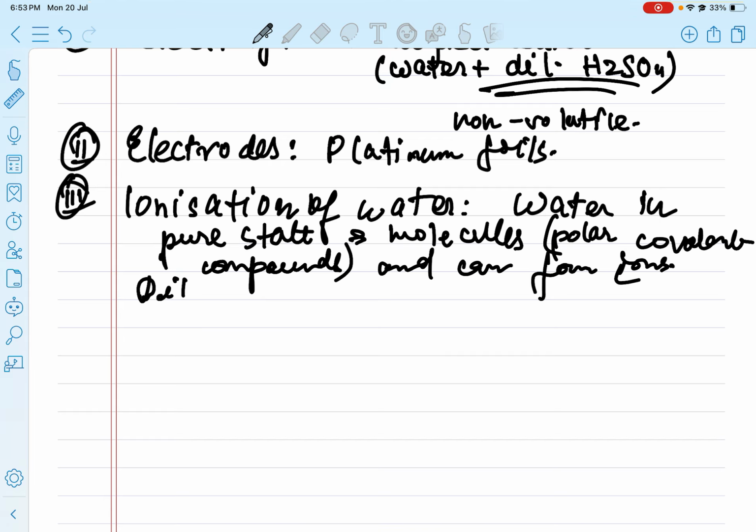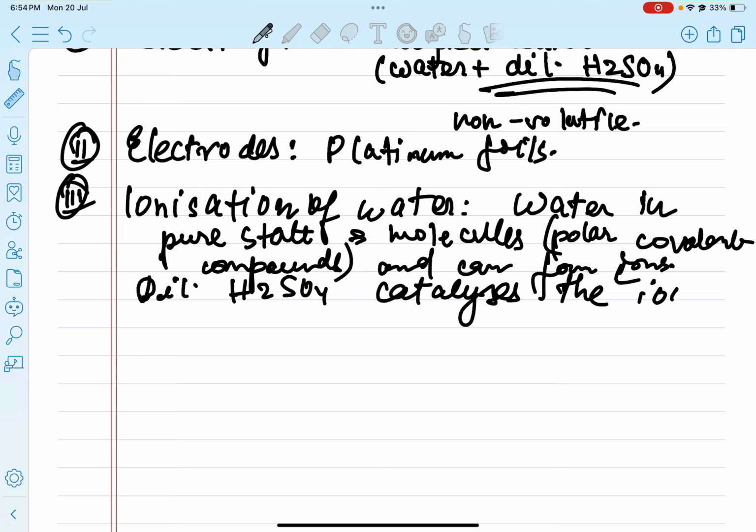Dilute sulfuric acid catalyzes the ionization. Here ionization happens, not dissociation, because water is a polar covalent compound and there is a formation of positively and negatively charged ions, not a dissociation of already present ions. So dilute H2SO4 basically catalyzes the ionization of water.